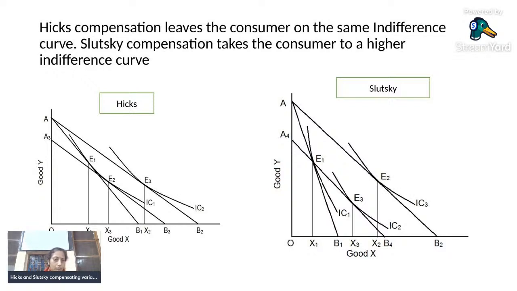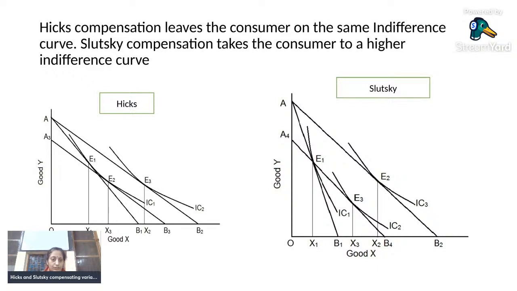I'm repeating it: budget line AB1, where IC1 is tangent, and the tangency point is at E1. First, we are considering the E1 point, where the consumer has a combination of X1 and some amount of Y. Now suppose the price of X decreases. When the price of X decreases, the budget line will shift outwards on the X axis because only the X price has decreased. So now the new budget line is AB2.